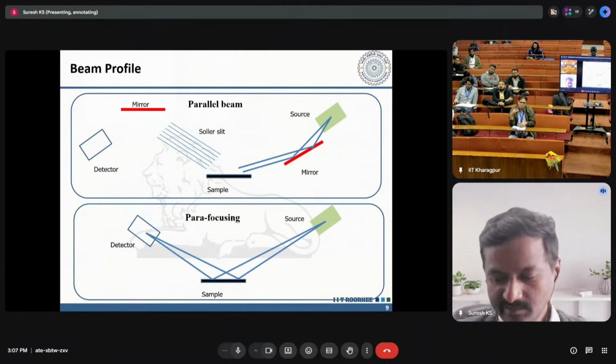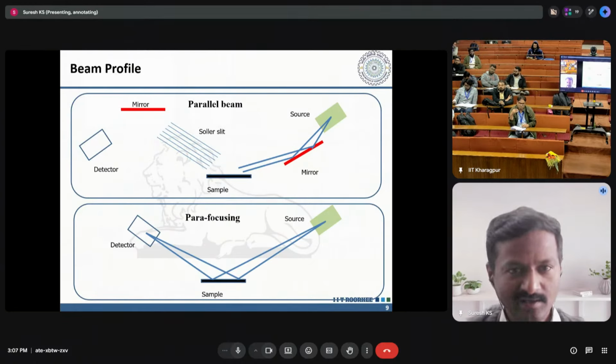In this sample, you can have an X-ray beam size of something like a 5 mm opening, but definitely not more than 10 mm or 1 centimeter. Otherwise, most of the time your X-ray is going to fall outside the sample rather than within the sample.